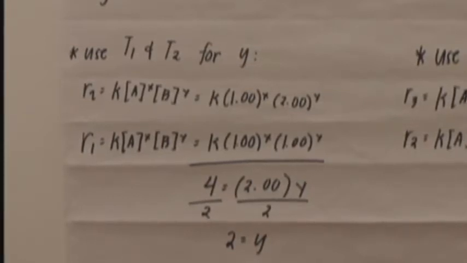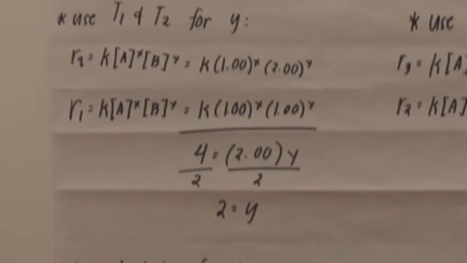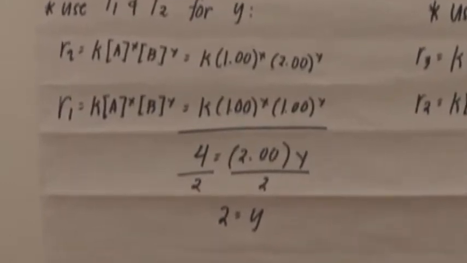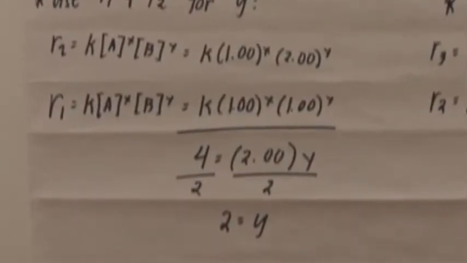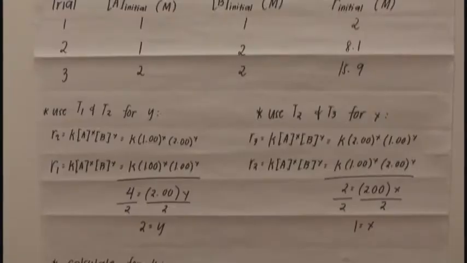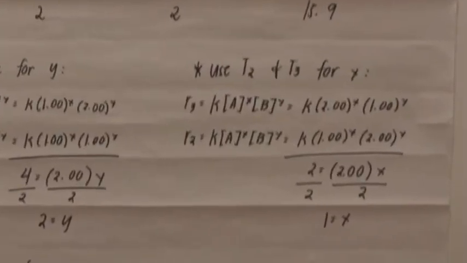Given that rate sub 2 is equal to the constant multiplied by 1 raised to x multiplied by 2 raised to y. Next is the rate sub 1, which is equal to k multiplied by 1 raised to x and 1 raised to y. Canceling out all the possible cancellations for these algebraic equations, we get y is equal to an order of 2.